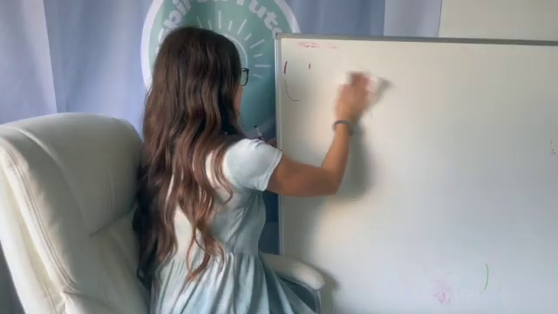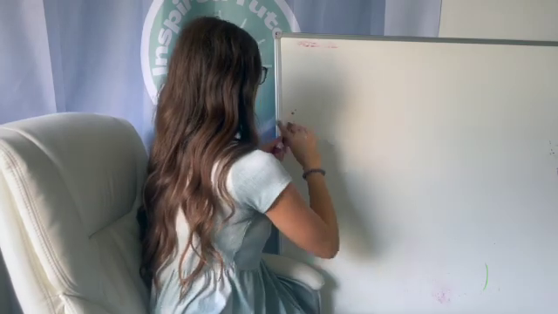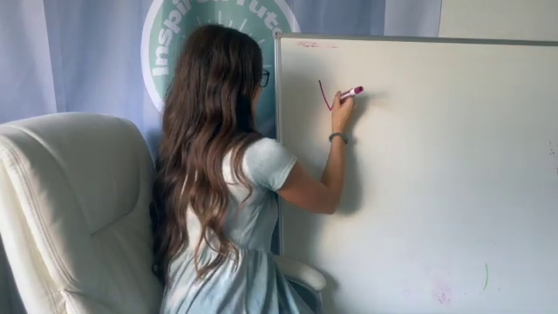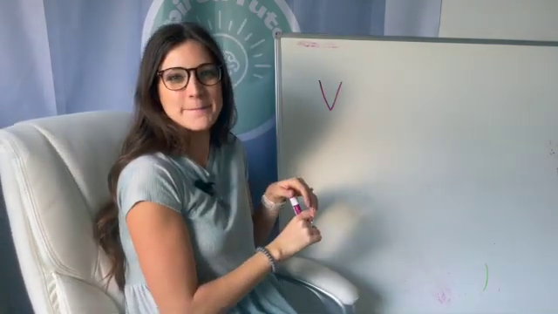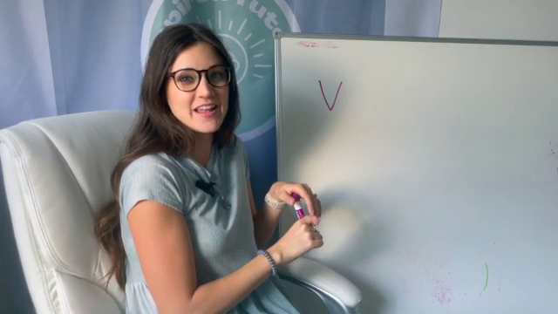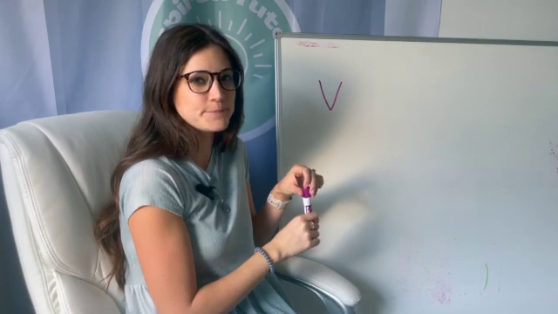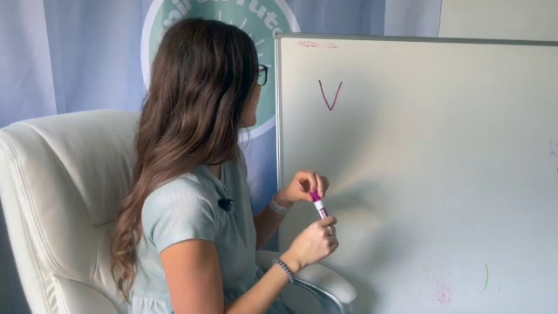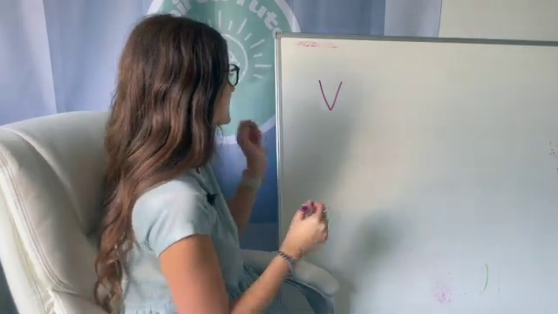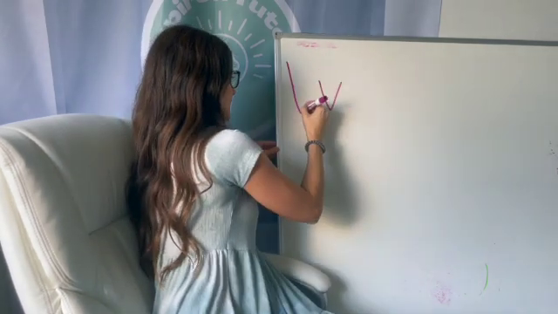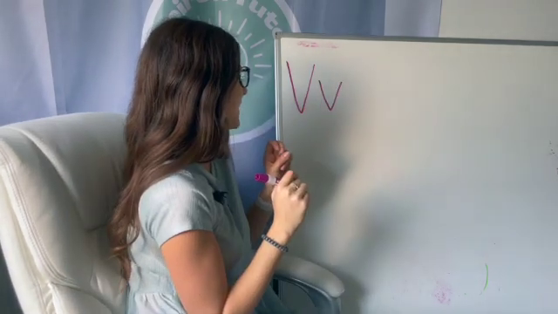Very good. All right, our next letter is, what letter is that? That is the letter V. That says V. Okay, V also looks the same as uppercase V. They're the same.